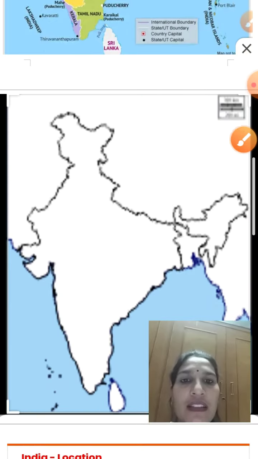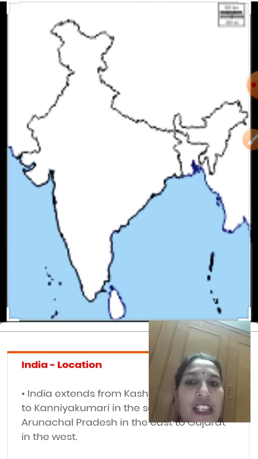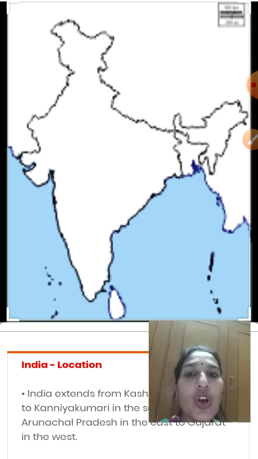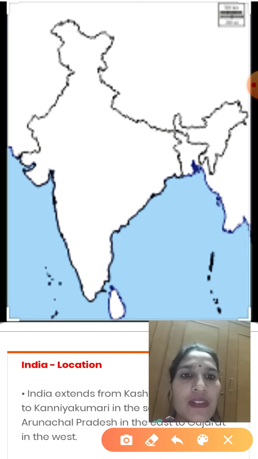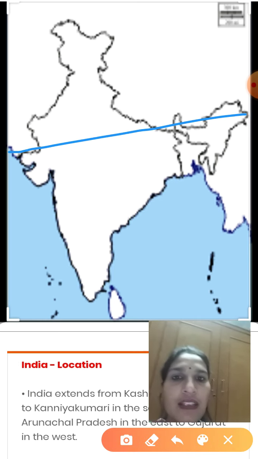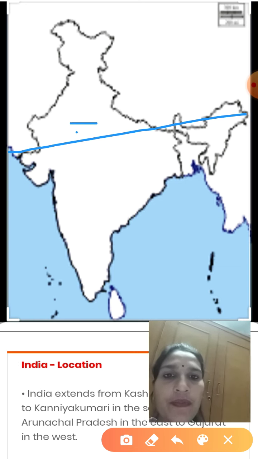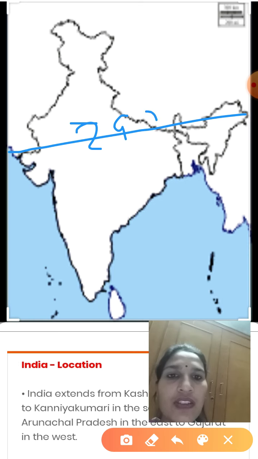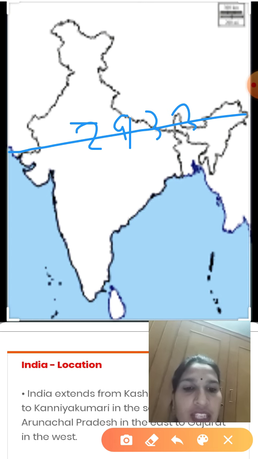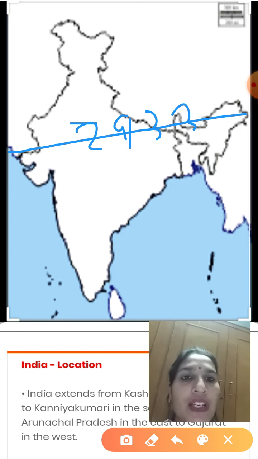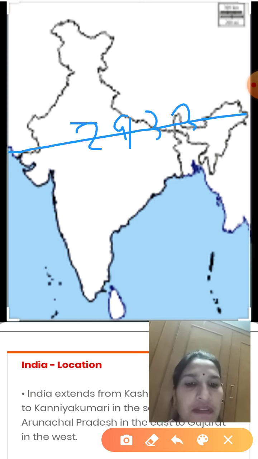Now see another term, the east to west and north to south distance. East to west means from Arunachal Pradesh to Gujarat, and north to south from Ladakh to Kerala. The distance from east to west is 2933 kilometers, the distance from the easternmost to the westernmost point of India.